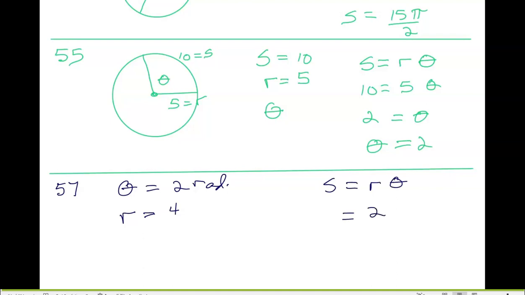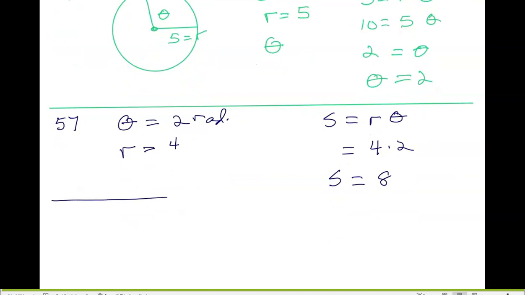My r is 4, my central angle is 2. So therefore my length is going to be 8. Okay, so that's 57. That brings us to 60.